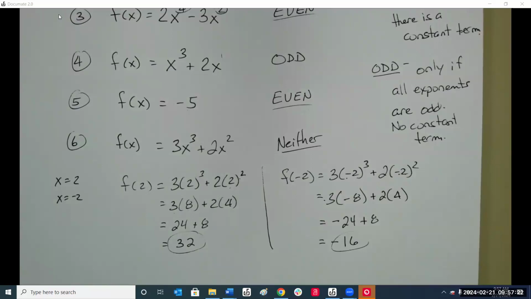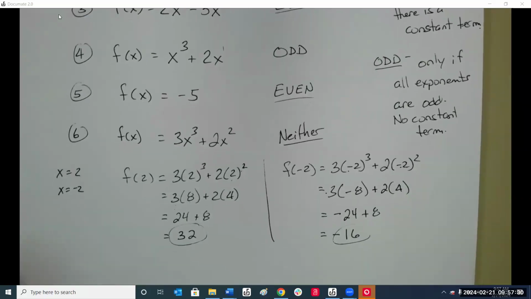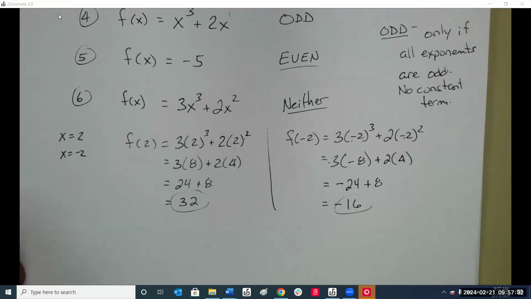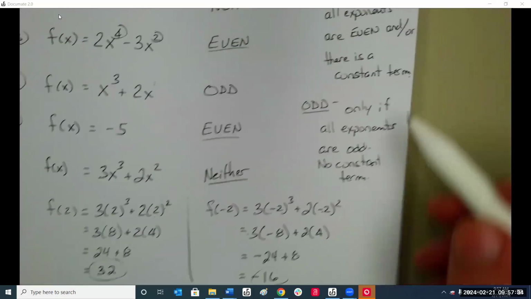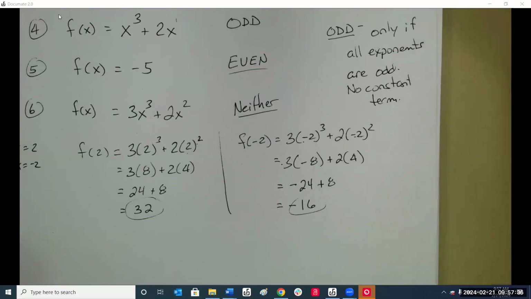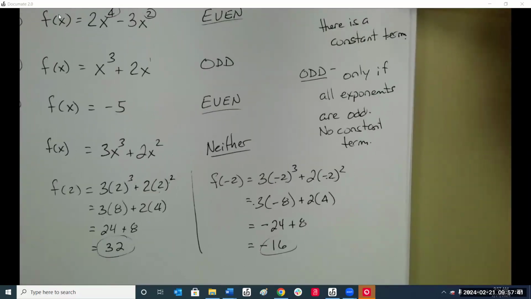Again, if you can find a pattern of something, then it makes life much easier for you. So it's even if all exponents are even and you have a constant, or if you have a constant, doesn't matter.